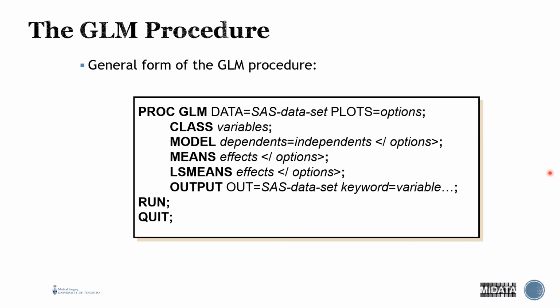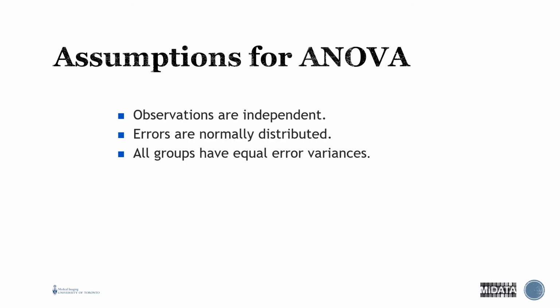Once again, we have seen this before, but here's a nice little refresher for you. So what are the assumptions for the one-way analysis of variance, or ANOVA? Well, the first one is observations are independent. And we've seen this before when we were looking at the t-test, and we were mentioning that if there was a correlation between the data points of the two groups, we should perform a paired t-test analysis.